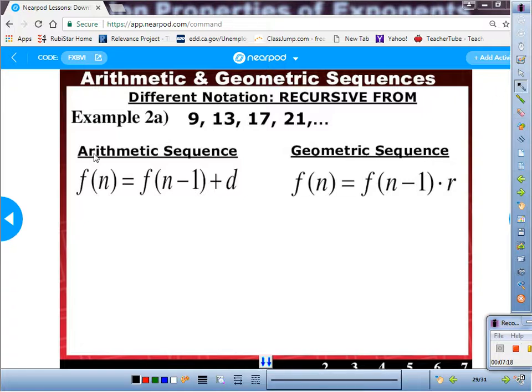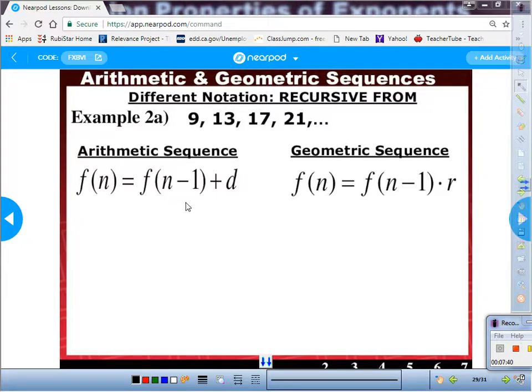So check this out. What am I saying? For an arithmetic sequence, first of all, I want you to understand that there are two formulas. There's one for arithmetic, one for geometric. For arithmetic, look up to the screen, please, it's f of n equals f of n minus 1 plus d.